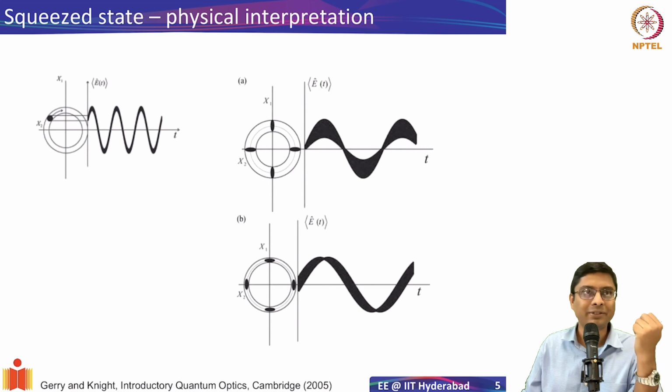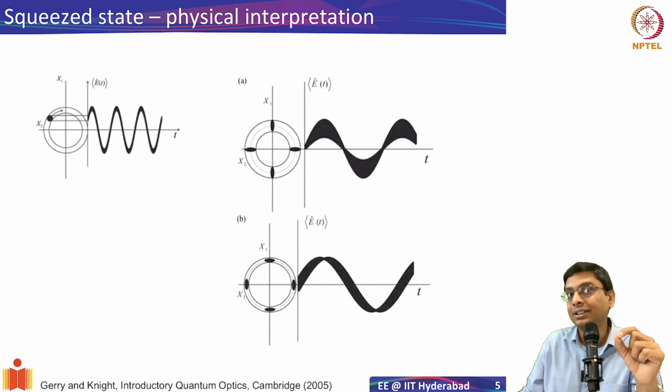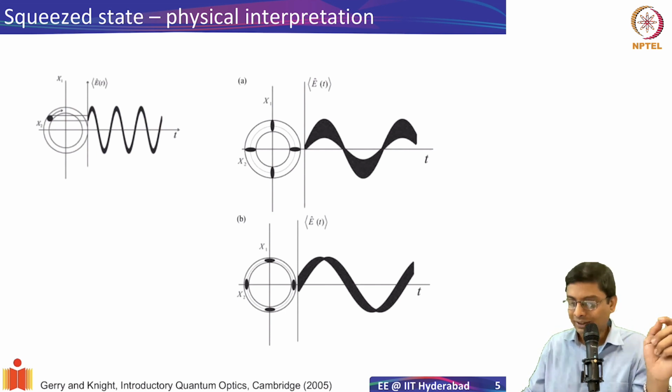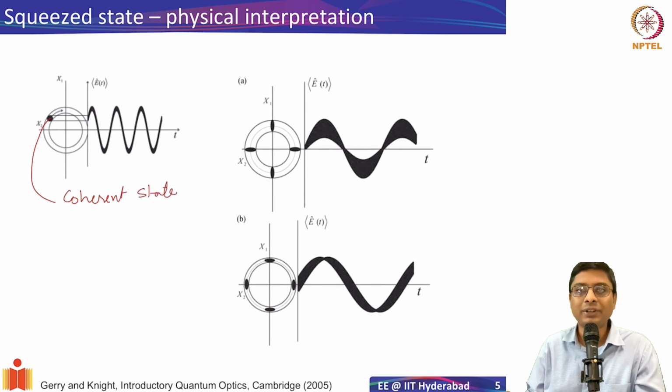That's how a wave will behave. But why does it behave like that? And how does that relate to the circle in the quadrature plot? For example, think of a coherent state. We know why this is a coherent state, because the region of uncertainty is a circle. And its area, of course, depends. Minimum area is coherent.